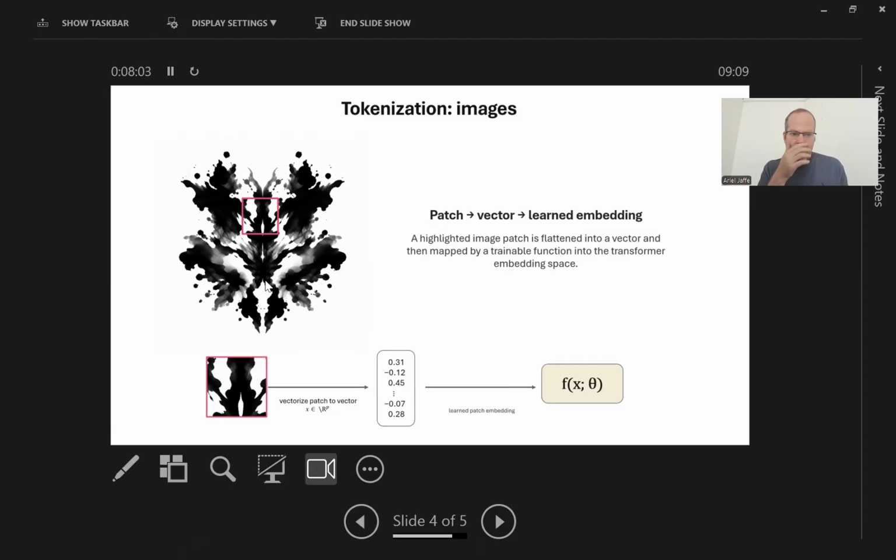But that is not the end of the tokenization, because then you want to learn a more meaningful representation for the different patches. The representation is not the actual pixel values, as you might have thought, but in order to increase the expressiveness of the network, you use a learned layer, either one layer or more.